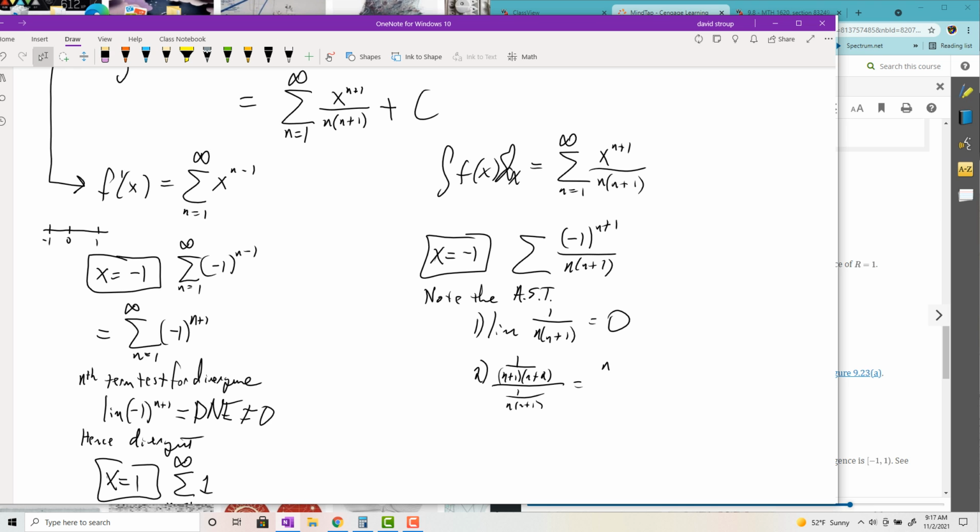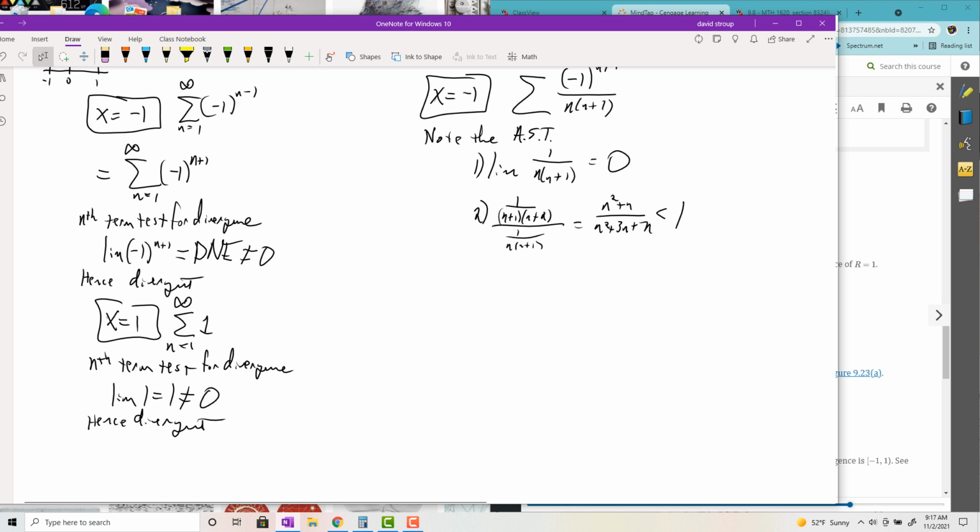That'll equal n squared plus n all over n squared plus 3n plus 2, and clearly the denominator is bigger than the numerator, so that's less than 1, which implies it's decreasing, or if you'd rather, non-increasing. Anyways, it's convergent at that endpoint.